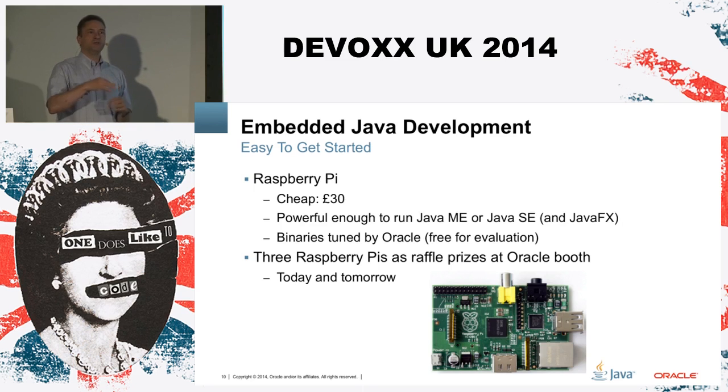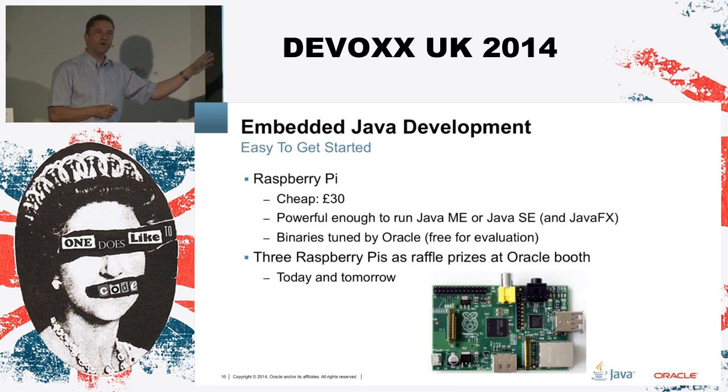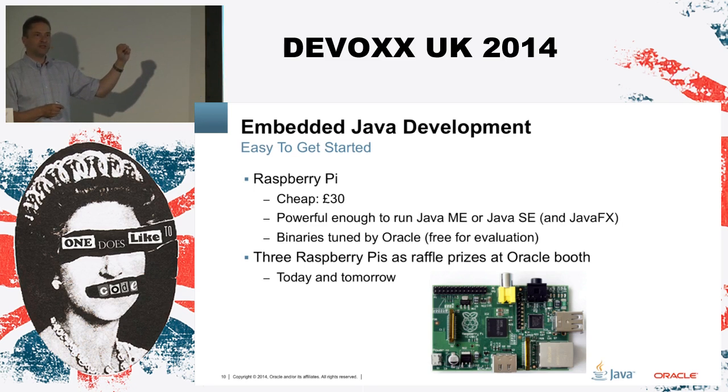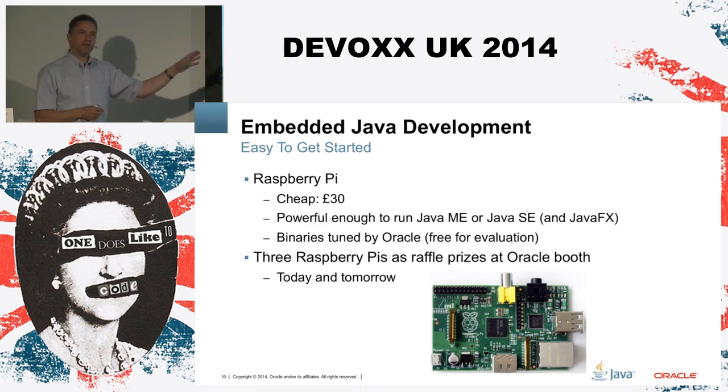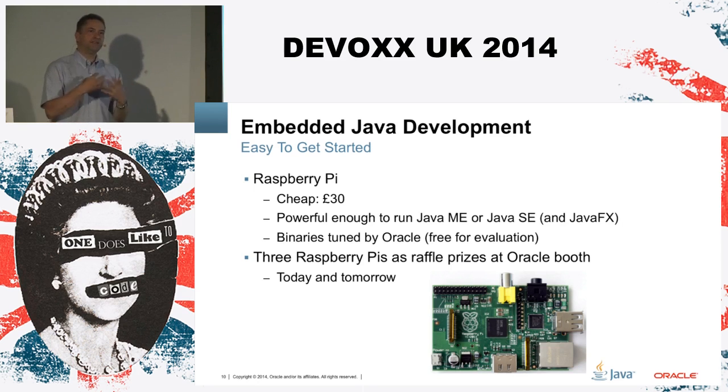But we've also focused on Java ME. Now, with 512 megabytes of memory, this is significantly more than you need to run Java ME. But it still works very nicely as a development platform for Java ME types of applications. So you can use Java ME, you can use the pins to connect sensors and so on, and develop your application before moving it onto the actual target platform.